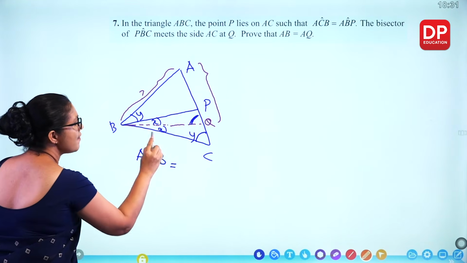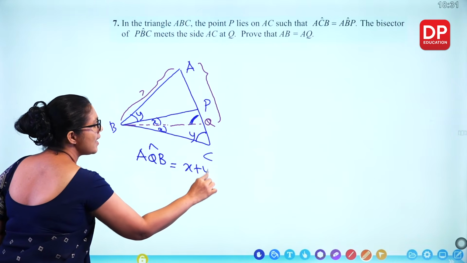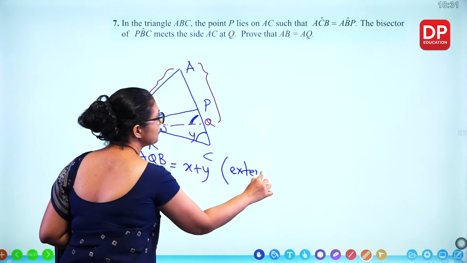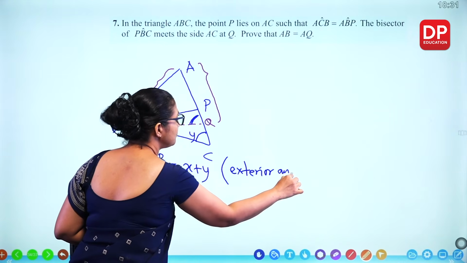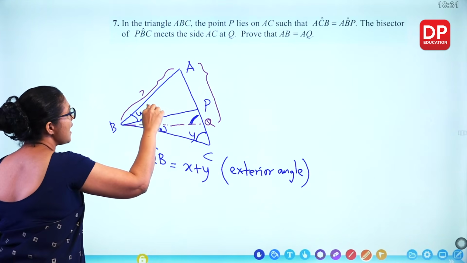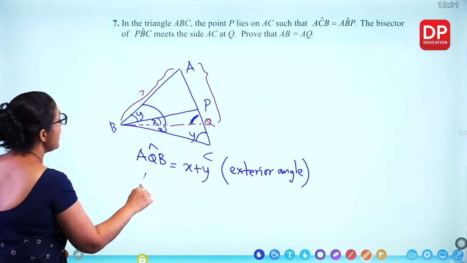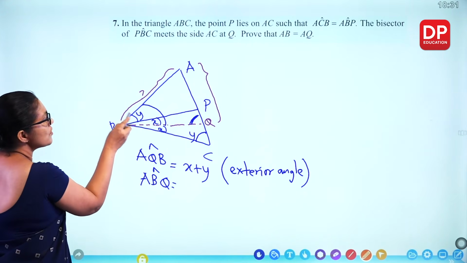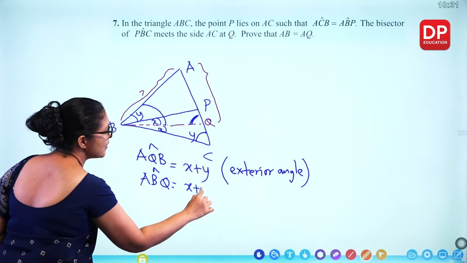We can straight away write this is X plus Y because of the exterior angle. And what about this angle, ABQ? That's also X plus Y.